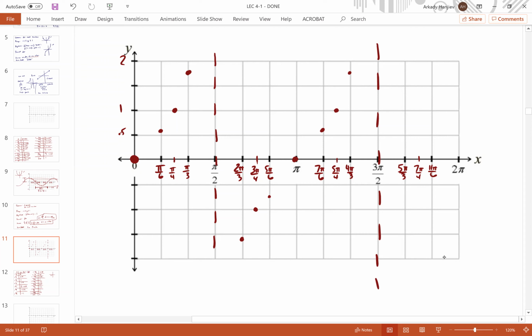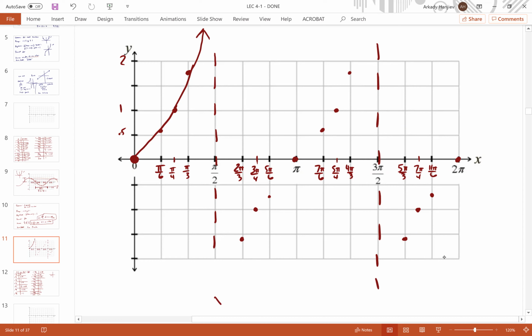And then it starts all over again. So negative 1.7, negative 1, negative 0.58, and 0. So because of these little dashed lines, what we have to do is we curve up like this, and then we put an arrow.